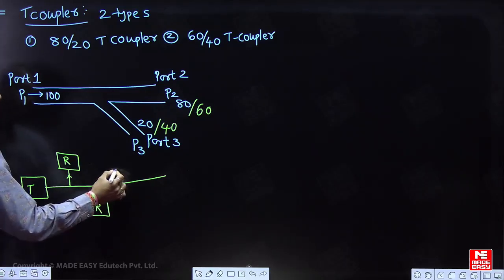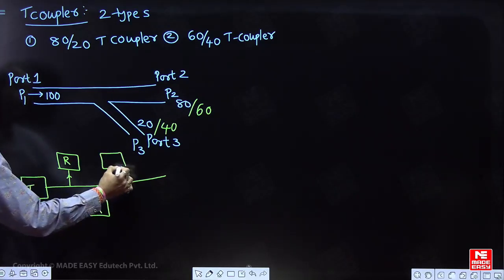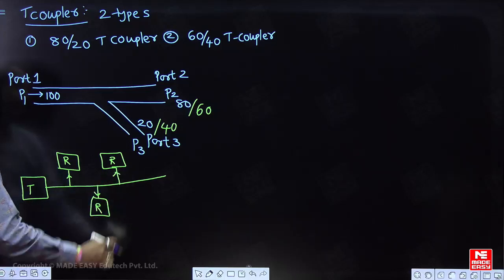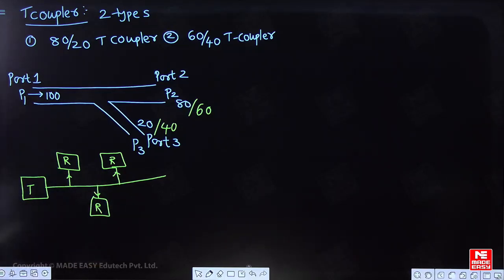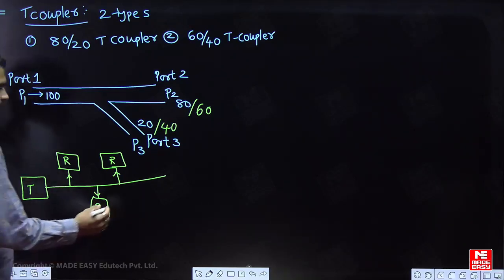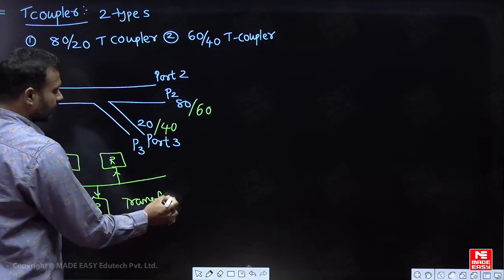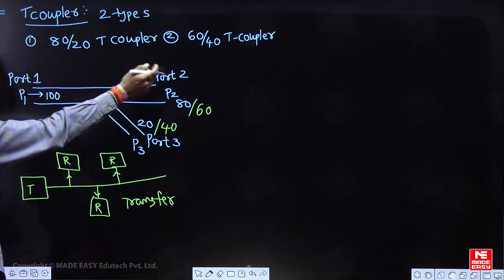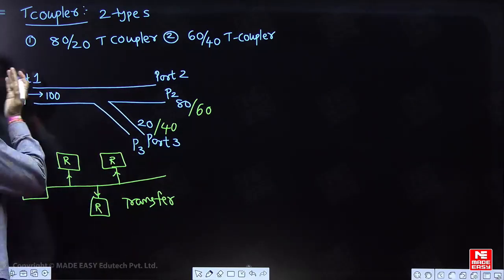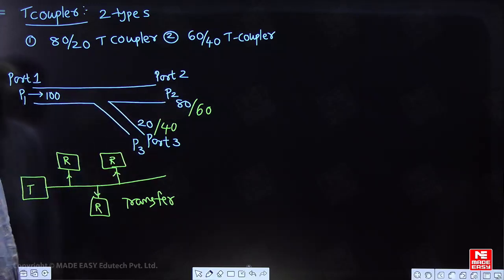R stands for the receiver. The T coupler remains the same. This is simply transferring the information. It is transferring and that is receiving. Transferring the power and those are receiving only.